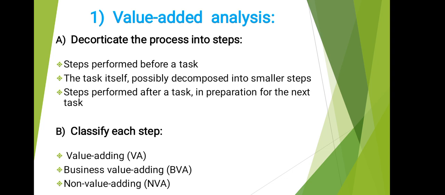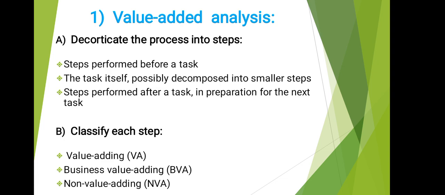Now value added analysis, we classify this process into steps. Every task that has to be done, before doing it we definitely need to carry out some steps which ultimately lead to finishing the task. So the value added analysis is a process which we classify into different steps.